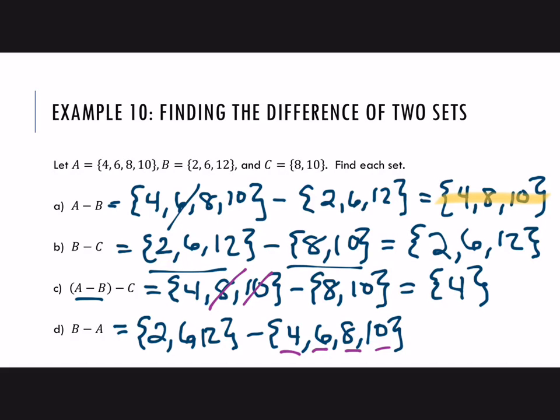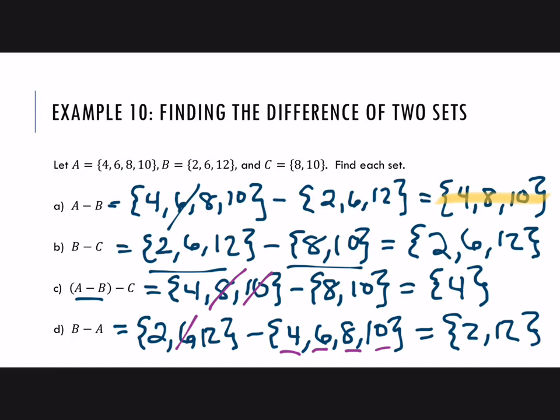Okay, so there's no 4 to cross off. I can get rid of 6. There are no 8s or 10s to get rid of. So the answer is whatever I didn't cross off, the 2 and the 12. Okay, and that's it for differences.